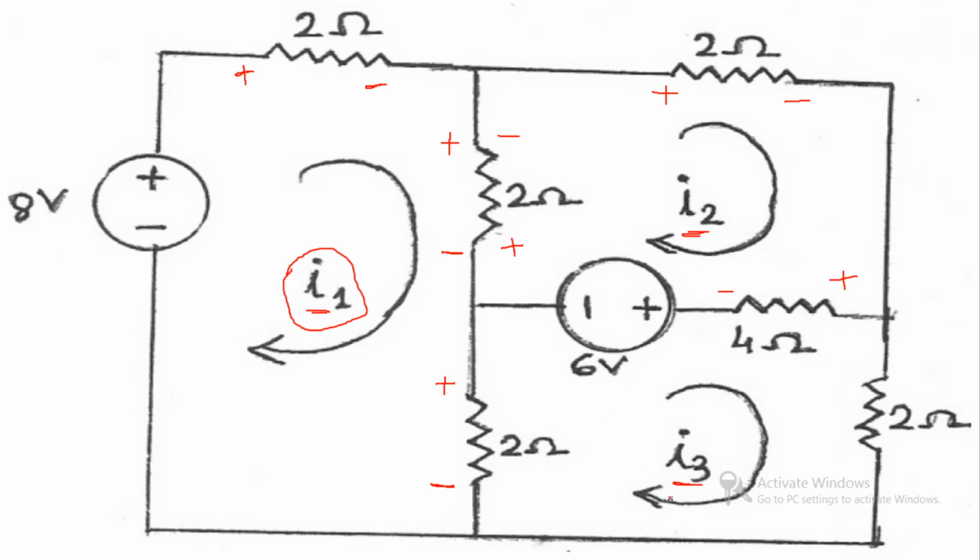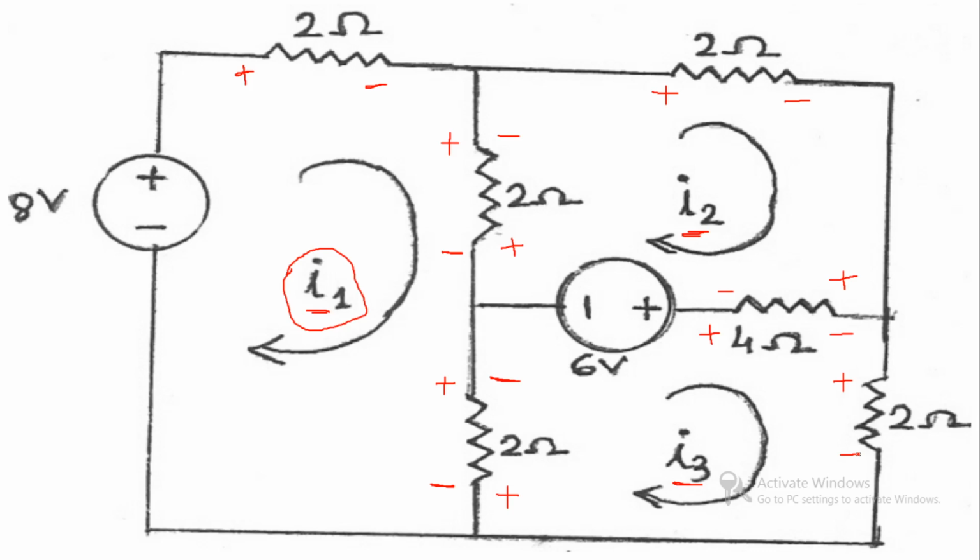Now for loop 3, current will enter at this point, so plus over here, and leave at this point, so minus sign here. In this 4 ohm resistance, I3 will enter at this point and leave at this point. In this 2 ohm resistance, I3 will enter at this point and leave at this point. So the entry point for a particular current is plus, and the leave point is minus. Please keep in mind this notation.